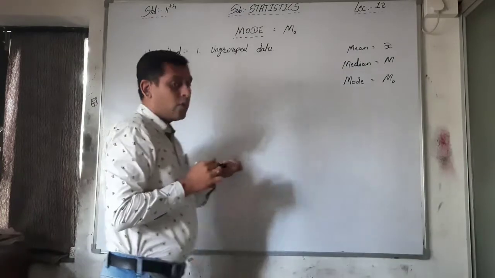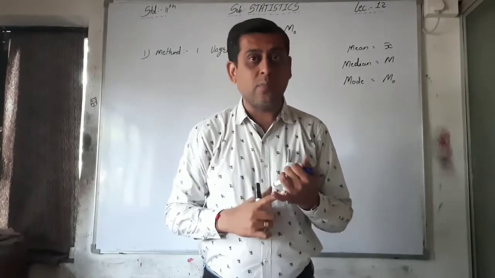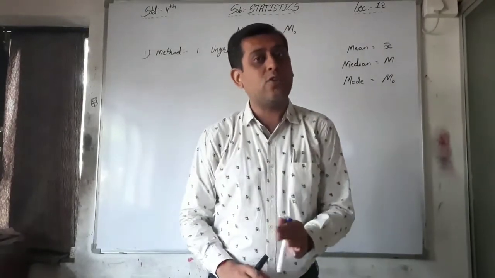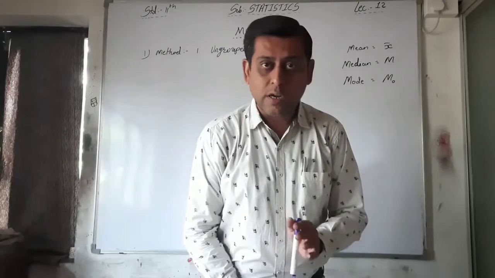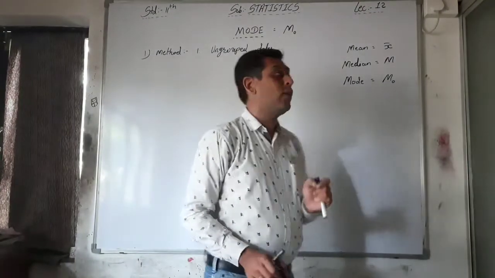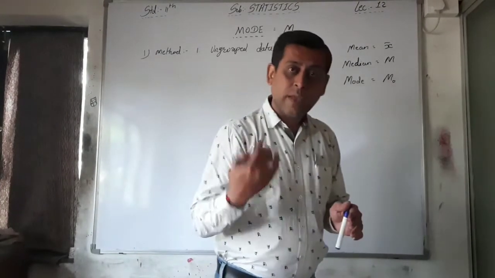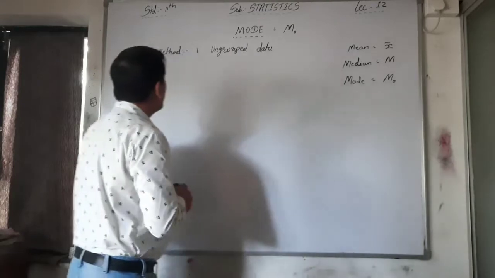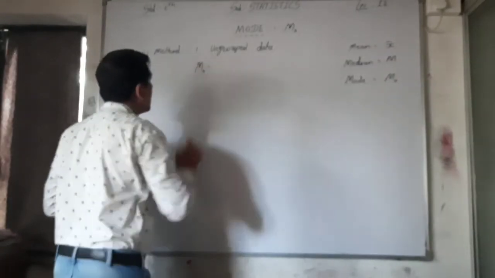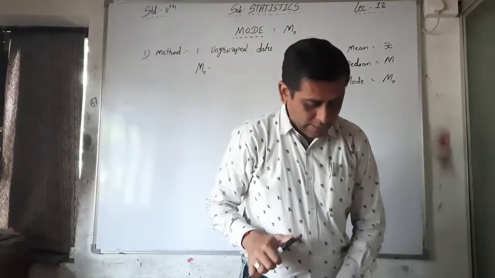Again we have to find mean, median and mode: mode for ungrouped data, mode for discrete group data and mode for continuous group data. All three have different formulas. Mode is equal to the maximum repeated observation.